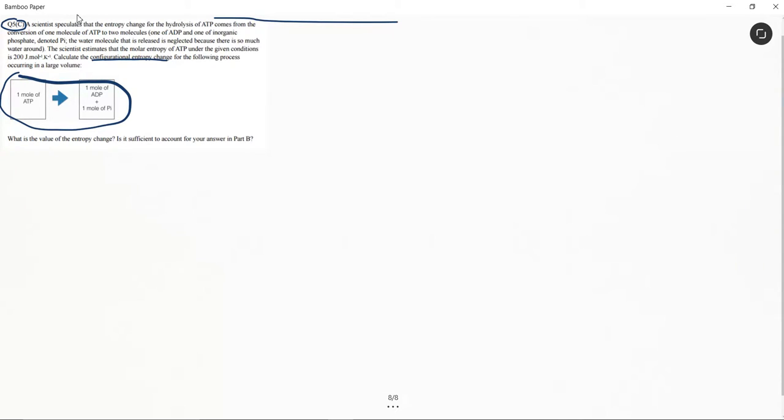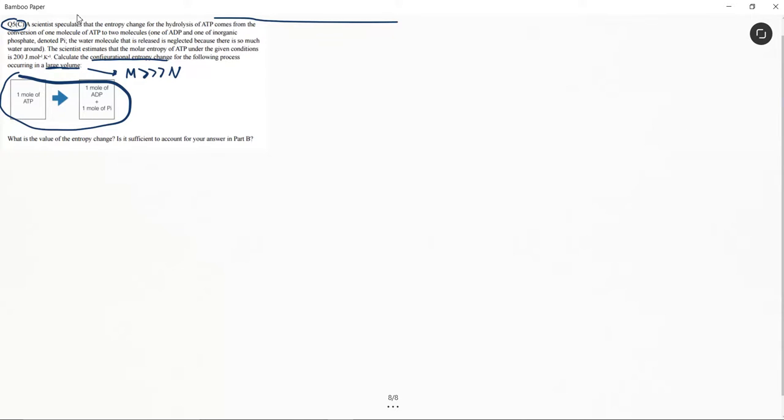A few things we should note: the system is occurring in a large volume, so M is much larger than n. Along with that, n and M are both large numbers. N refers to the number of molecules.